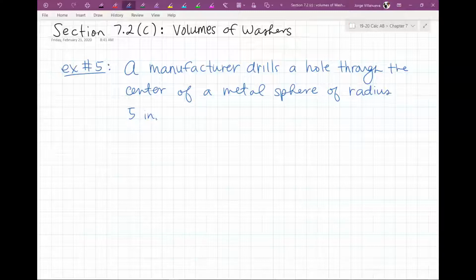They say the hole has a radius of 3 inches. What is the volume of the resulting metal ring?